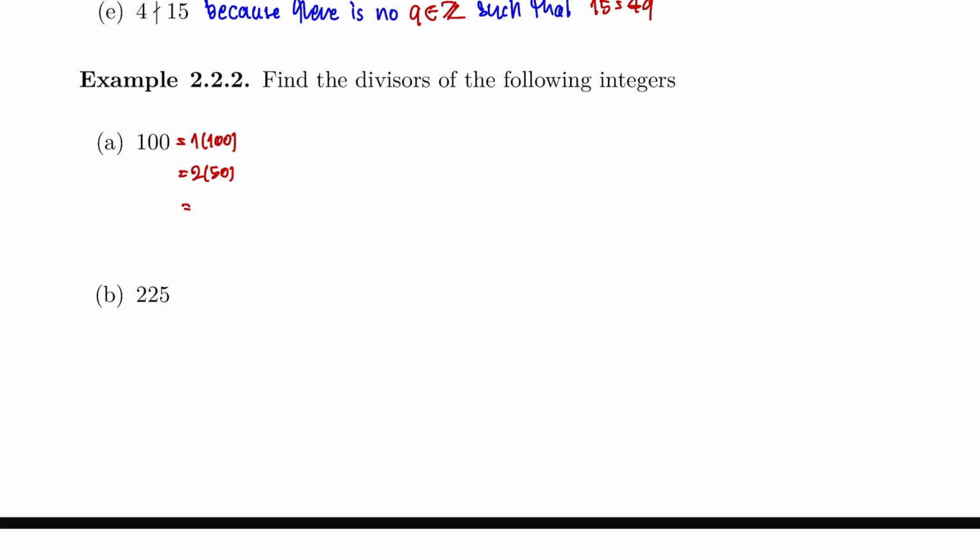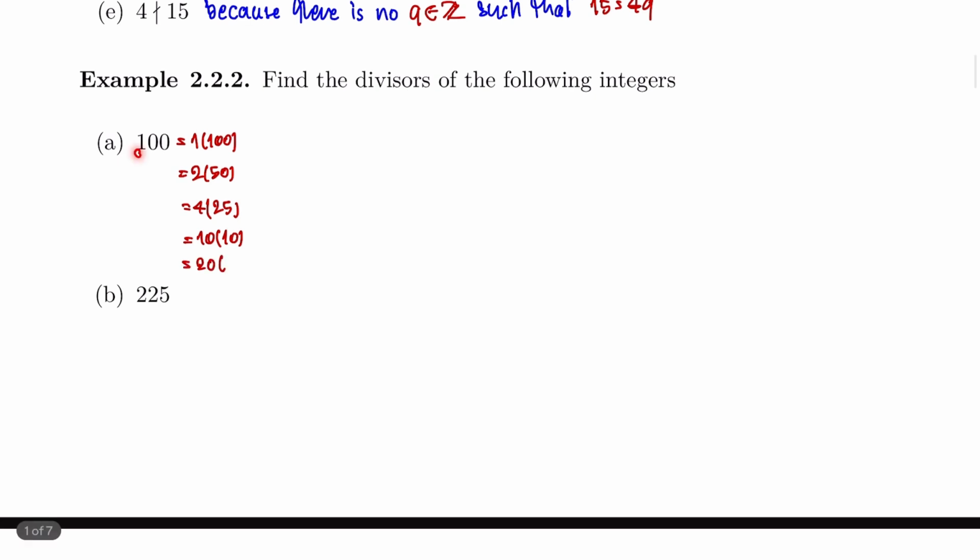Next one is 4, which is 4 times 25. And if you divide 100 by 10, you will have 10 multiplying 10, which turns out to be 100. Next, 20.